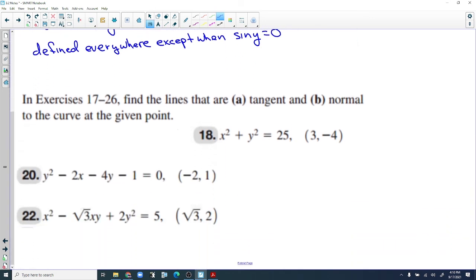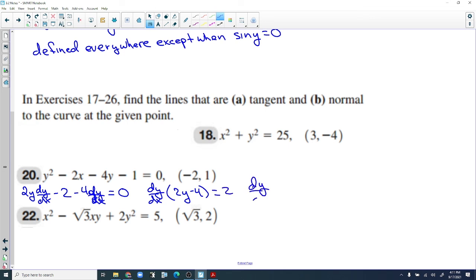Find the lines that are tangent and normal to the curve at the given point. How about number 20? We get 2y dy/dx minus 2 minus 4 dy/dx is equal to 0. So we're going to factor out a dy/dx, and that's going to give us dy/dx times 2y minus 4 is equal to 2, and then divide.